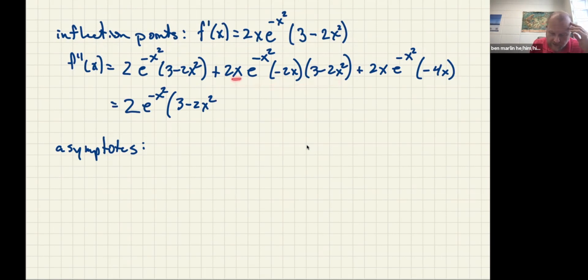It's got the x, we get the 2 out, but we'll get another minus 2x, so we have a minus 2x squared being multiplied by the 3, so minus 6x squared, and then multiplying the minus 2x squared times another minus 2x squared is plus 4x to the fourth, yay.